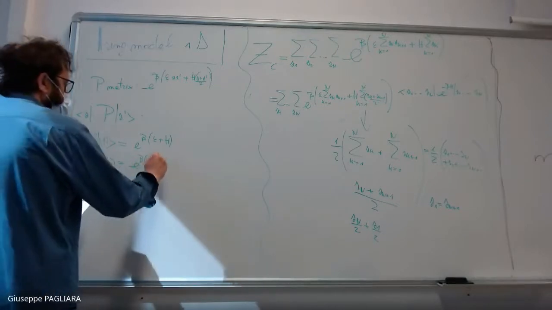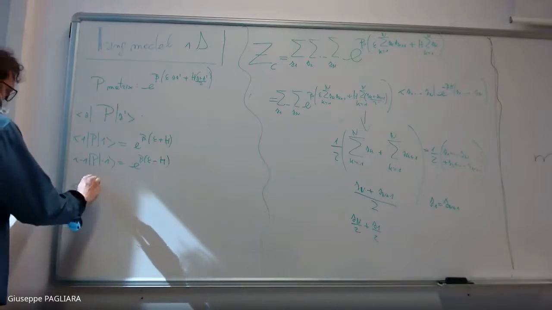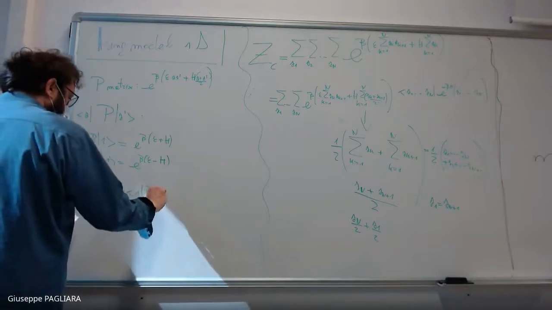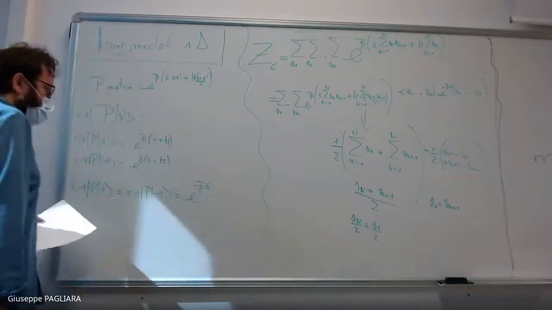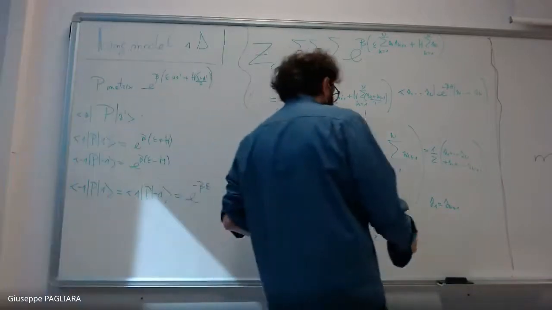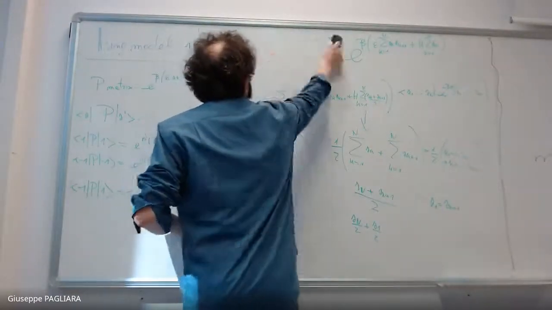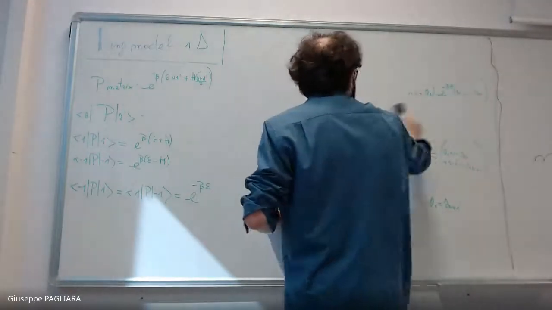And finally, P_{1,-1}, which is equal to P_{-1,1}, is equal to e to the minus beta epsilon, because the term with the external field will drop. So in matrix form, this P can be represented as follows.